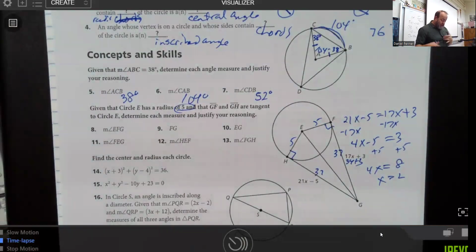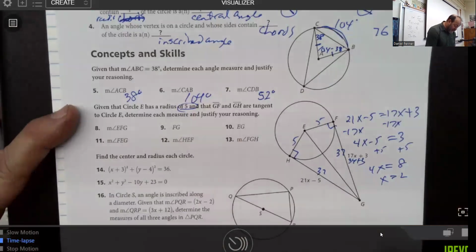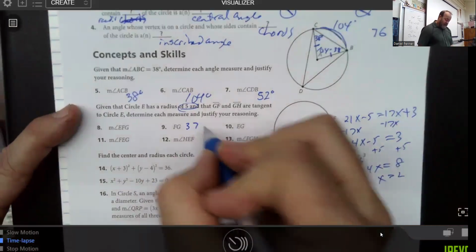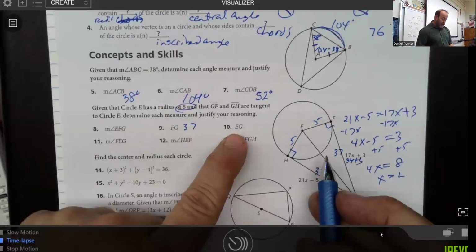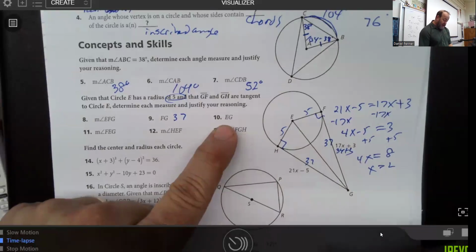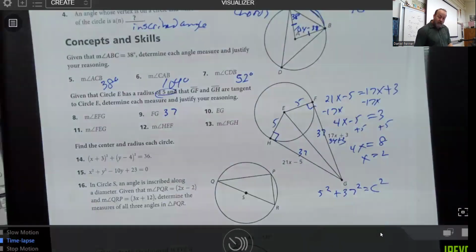So as we go through there, we've got a few of the things at play. Like, for example, I know that FG is 37. EG, on the other hand, is kind of important. And I'm skipping around a little bit, but I'm going to get there. I know that I could do A squared plus B squared equals C squared to find the length of that hypotenuse. So let's see what happens.